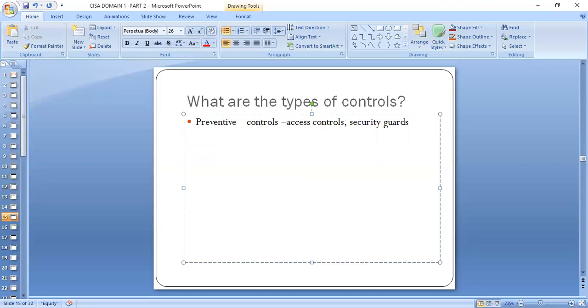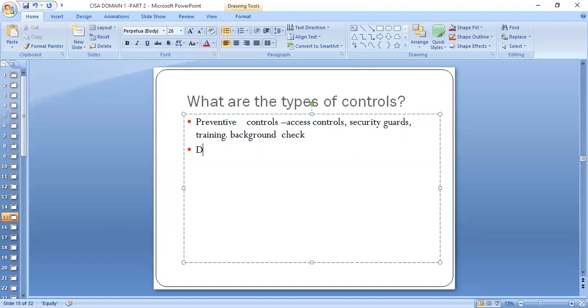These preventive controls can actually stop events from happening. Training is a preventive control. Background checks, I hope you agree with me. All these can block the event from actually happening from the start.